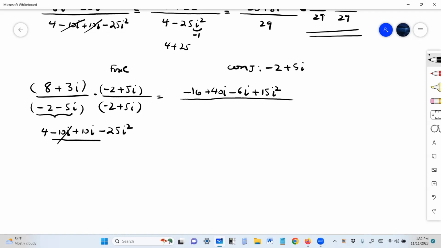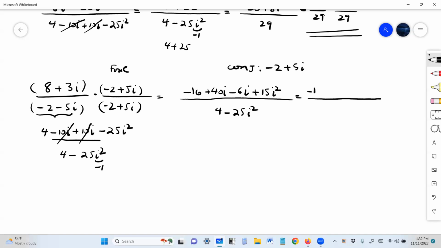Again, notice these two cancel. And I have 4 minus 25i squared, and this is going to be minus 1. So I'm going to write it here, 4 minus 25i squared, just for now.